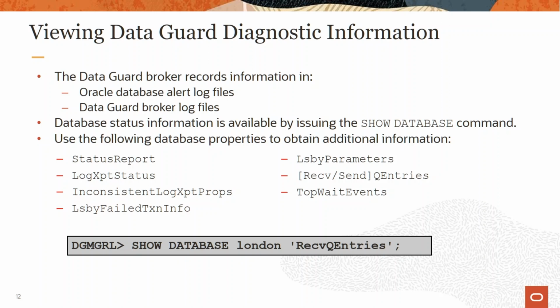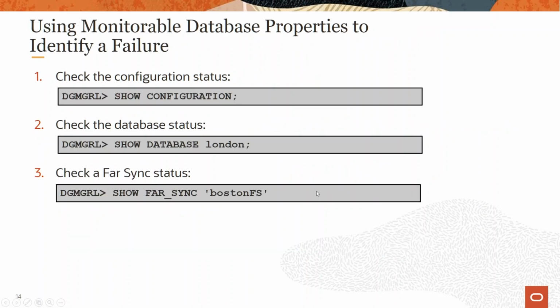So we can use the DataGuard broker command line interface. And also you can check the status of a configuration. I showed this a couple of times. And also you can use show database London.